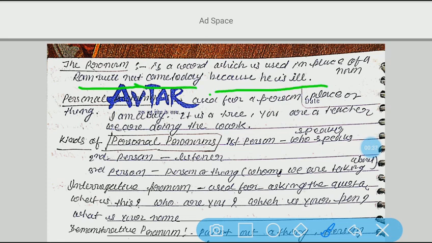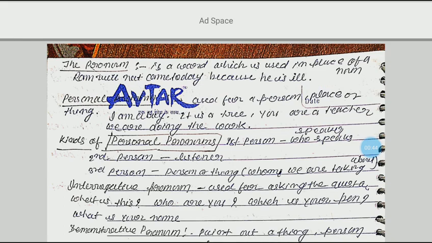So we have used "he" in place of Ram. Rather than repeating the noun Ram, we have used here "he" for Ram. So what is "he" here? It is a pronoun.